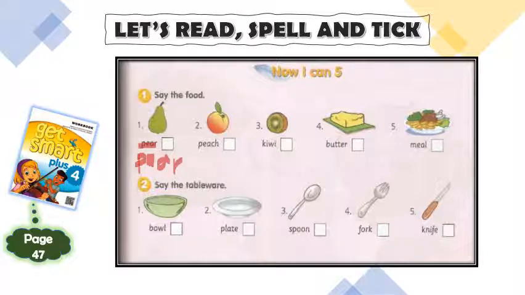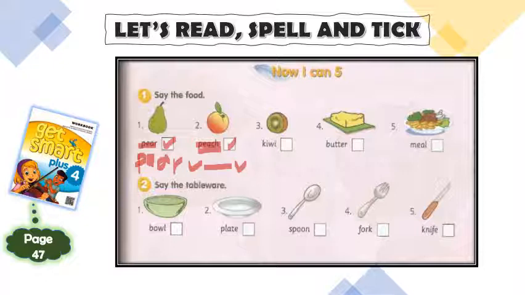If you can spell it correctly, then you tick, and then only you tick here. Don't forget to cover the word first before you write. So fish. Then you cover the word first and then you write here and then you check. If the spelling is correct, then you tick.